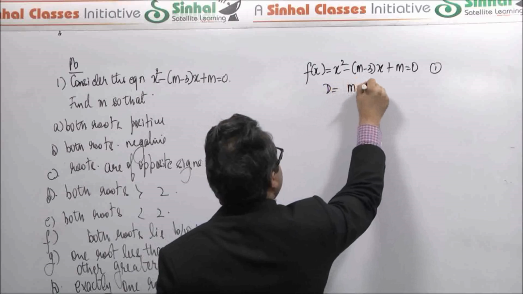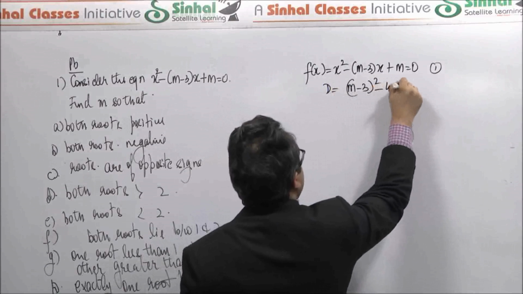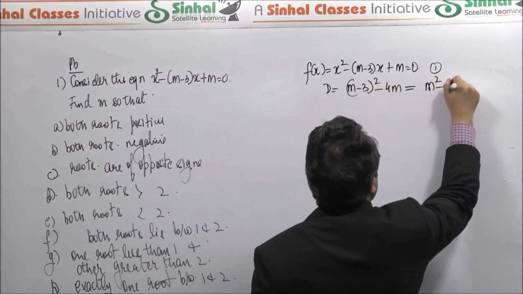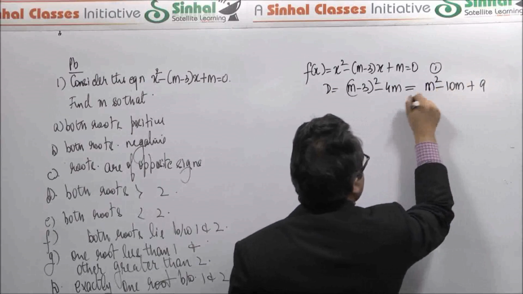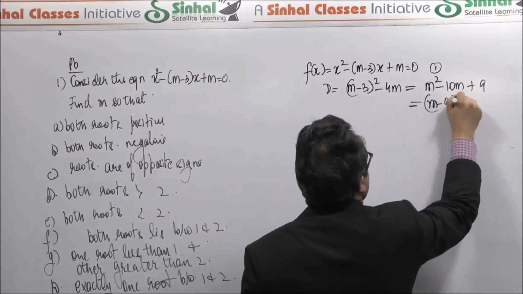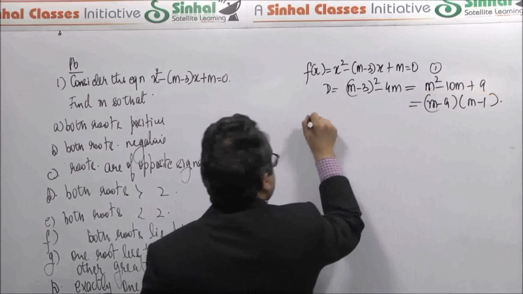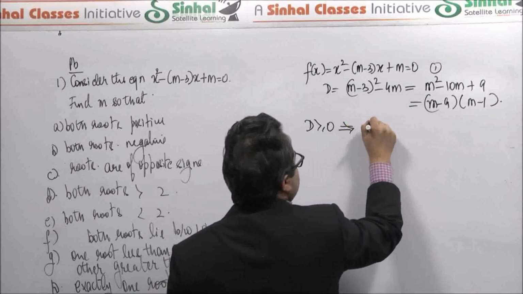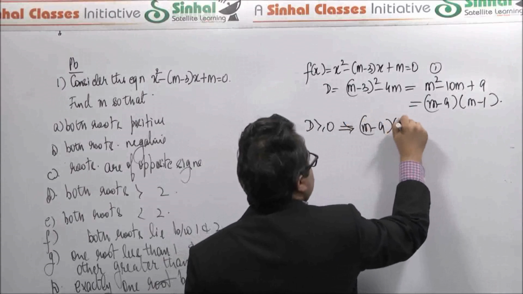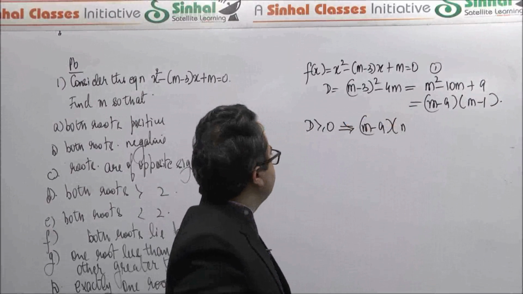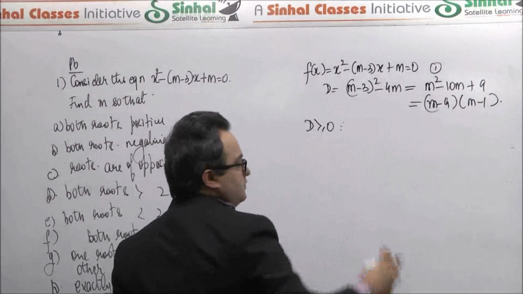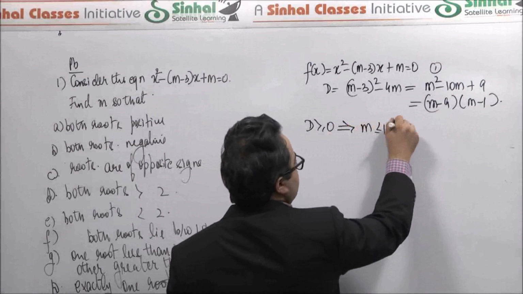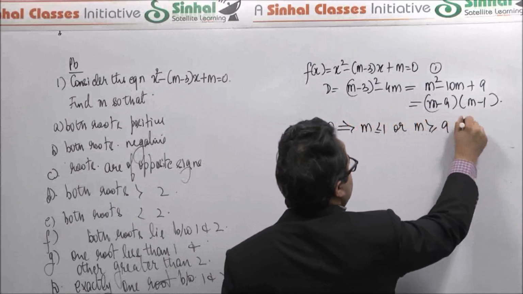The discriminant is (m minus 3) square minus 4m, which is m square minus 10m plus 9, which is (m minus 9) into (m minus 1). The discriminant will be greater than or equal to 0 if m is less than or equal to 1 or m is greater than or equal to 9.